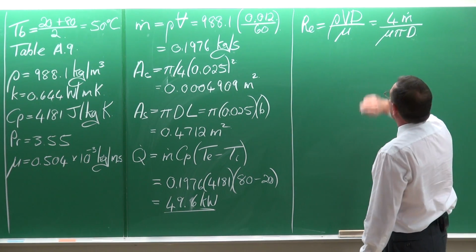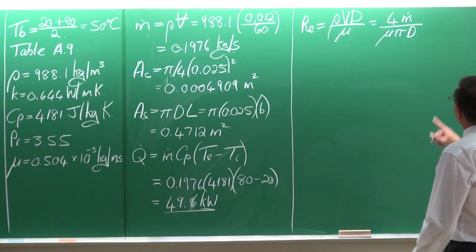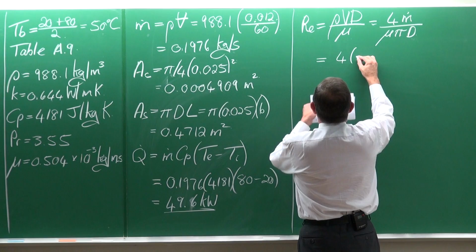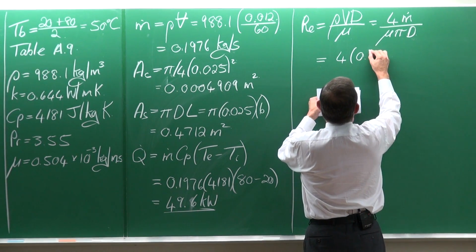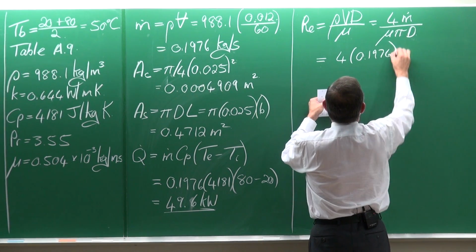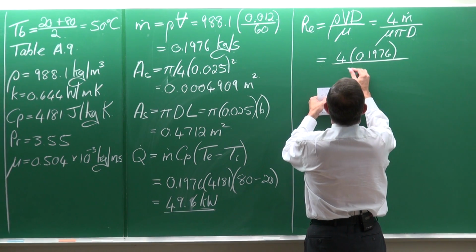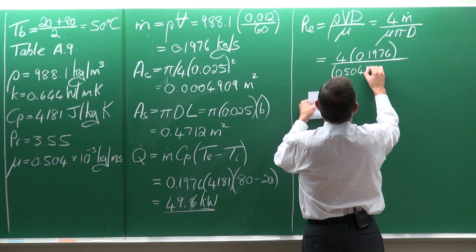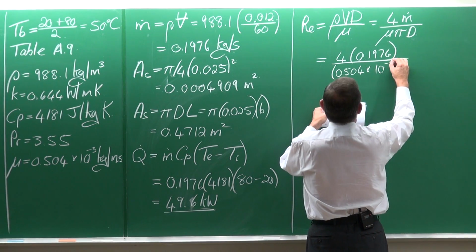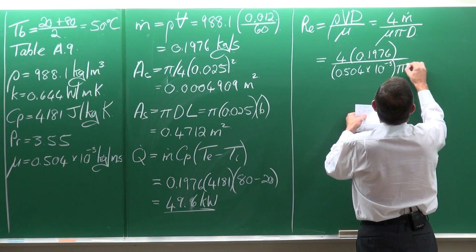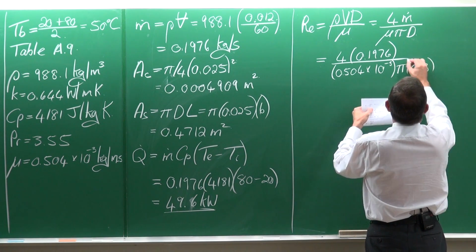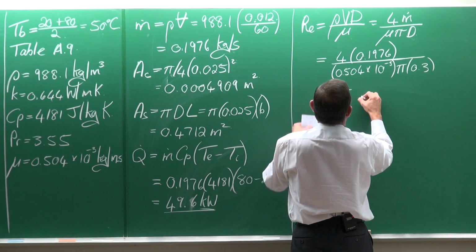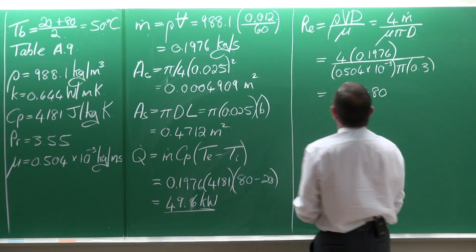It's a simple derivation to get to that equation, but with that we can determine the Reynolds number as 4 times 0.1976 divided by 0.504 multiplied by 10 to the minus 3, pi divided by 0.3, and that gives us a Reynolds number of 15,480.